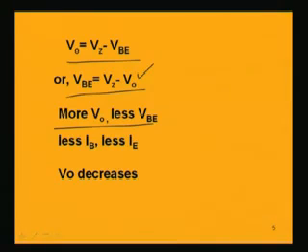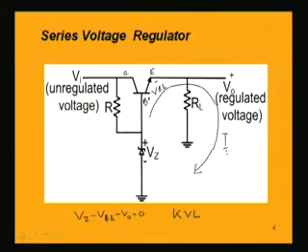So if VBE is decreasing, what is the effect on the transistor current? If base to emitter voltage decreases, then obviously the base current will decrease. Similarly, because of this base current decrease, the emitter current will decrease. So IE, which is flowing into the load, will decrease.